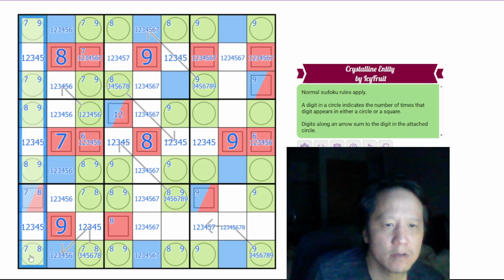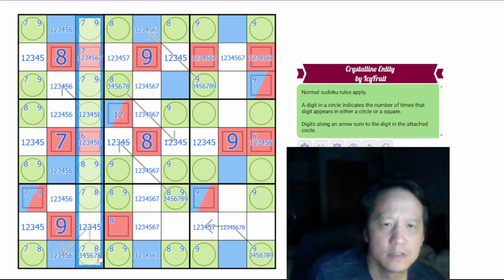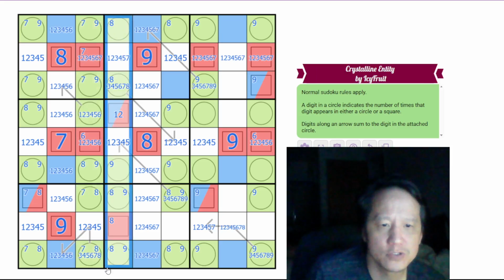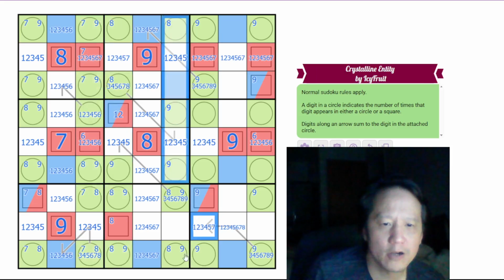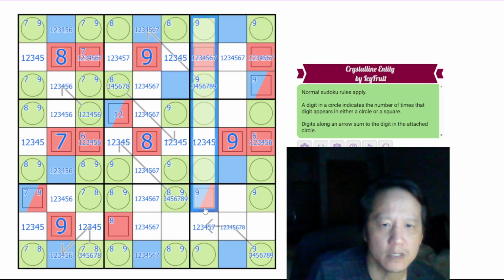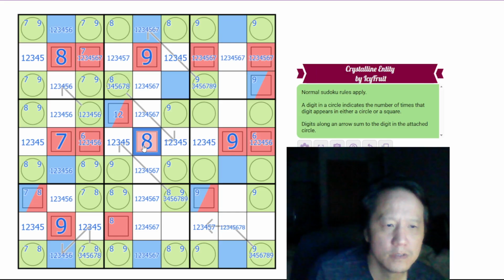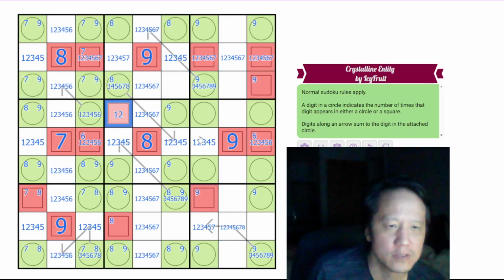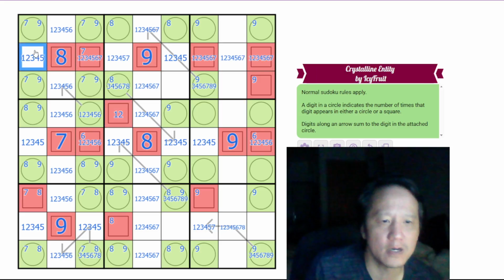What about if we look at columns? Where can these digits be in columns? Or where can the single digit actually be in columns? Okay, so let's not mark the rows. Where can they be in columns?